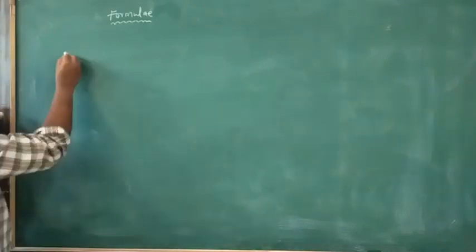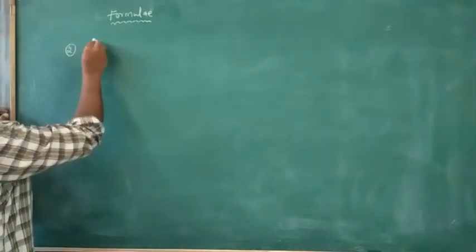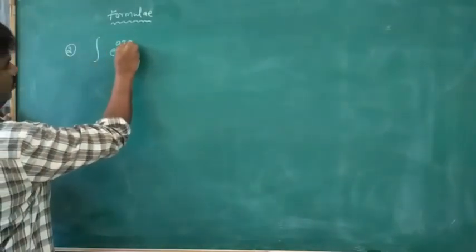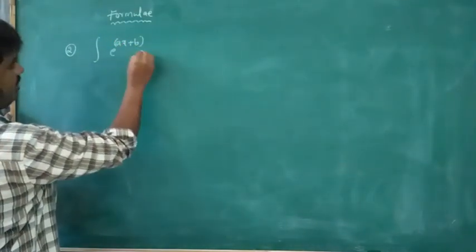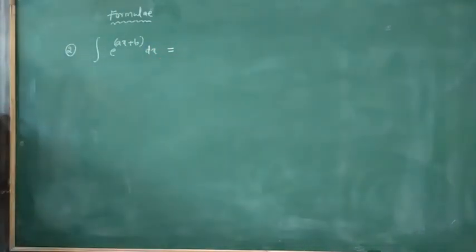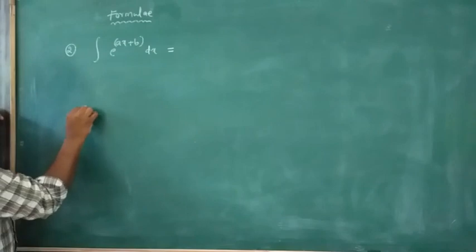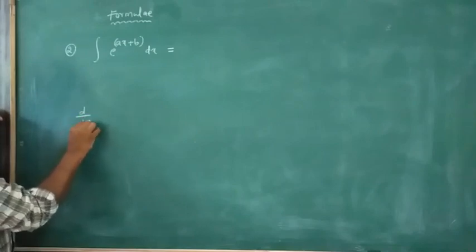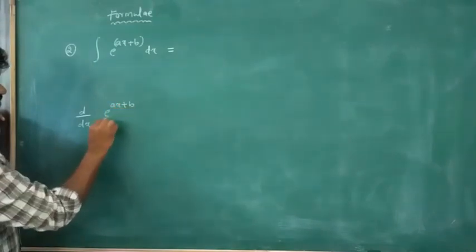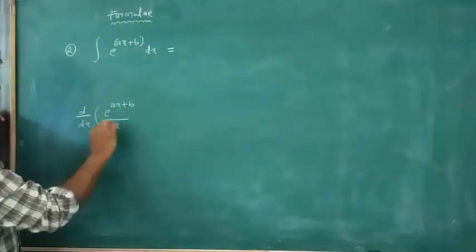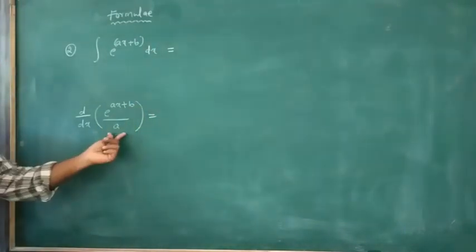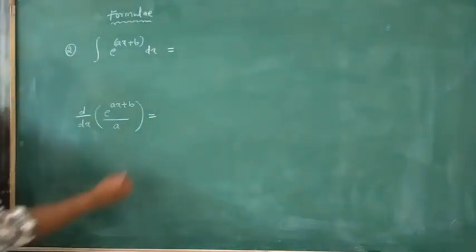Now we will see the second one, that is, what is the integral of e to the power of ax plus b dx. See, here I am going to find the derivative of e power ax plus b divided by a. This is equal to, here a is constant, we can take it outside.